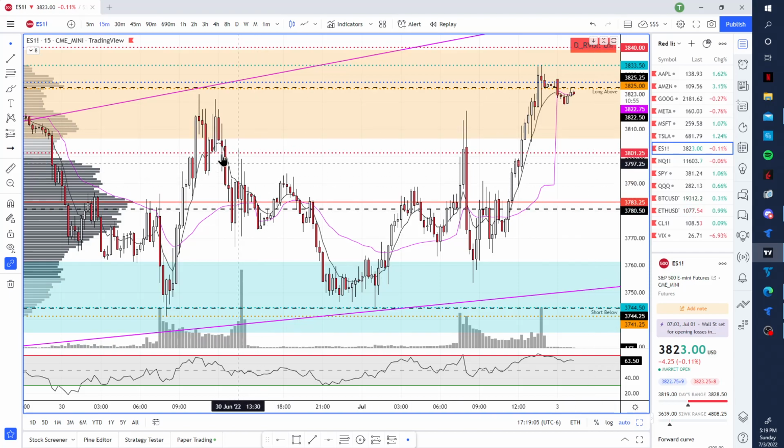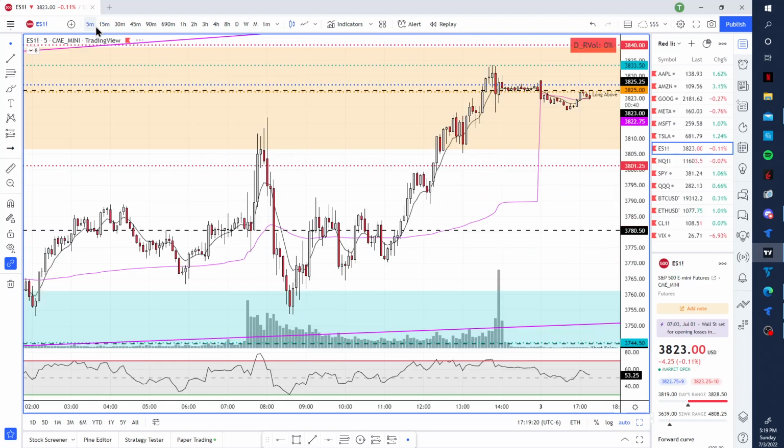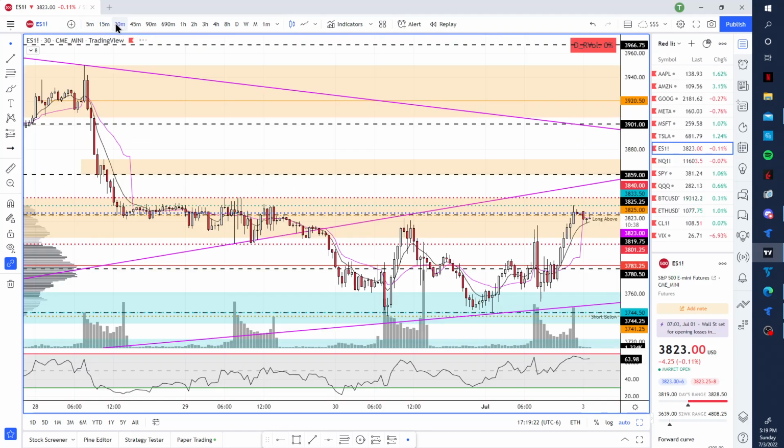Me, 5, 15 and personally 30, like the VPA book says. For me, I'm usually watching the 15. I'll go down to the 5 sometimes, but usually it's the 15 and the 30.